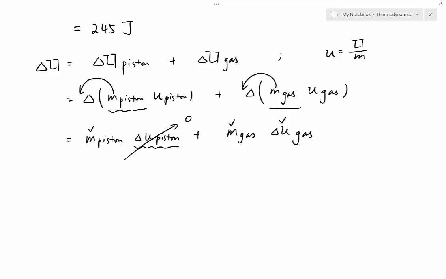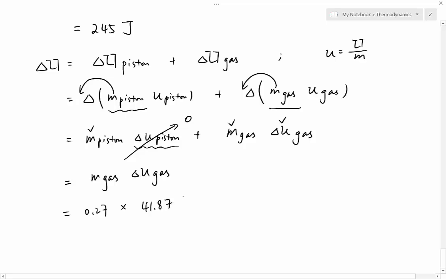All right, so the first term goes to 0 and the only thing left is mass of the gas multiplied by delta u of the gas. We have both of them. Mass of the gas is 0.27 kilogram. Delta u of the gas is 41.87. And be careful about the unit here.